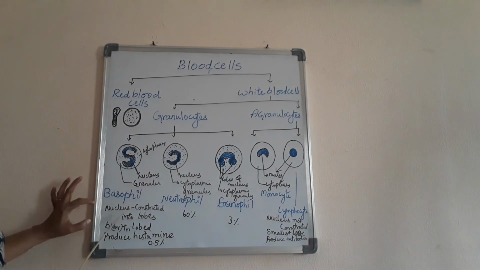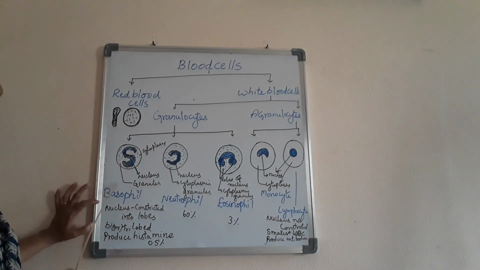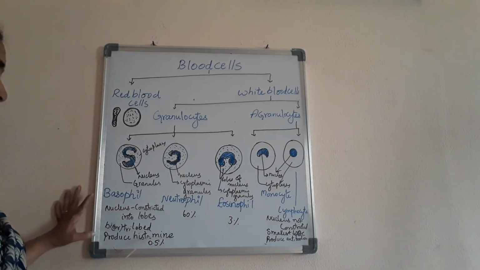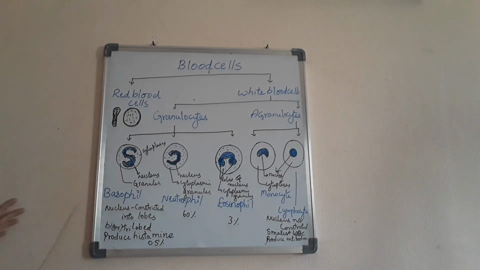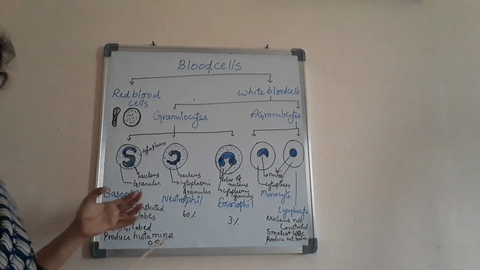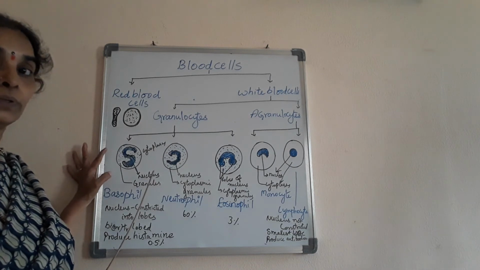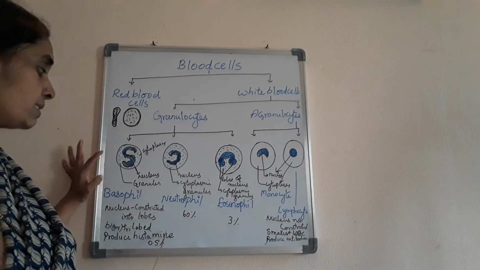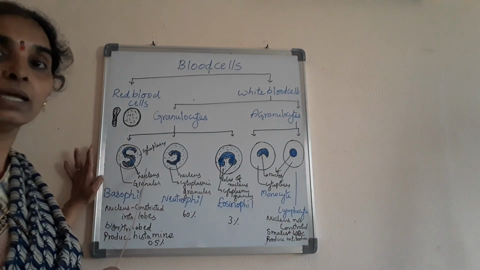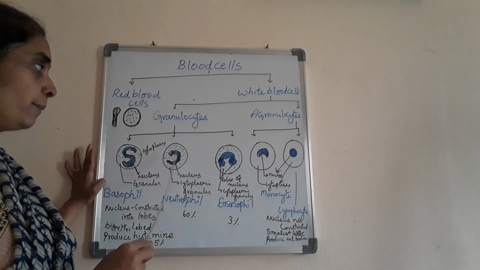Here the basophils are bilobed or trilobed, and they produce histamine, a protein which helps for the coagulation of the blood, so blood clotting. So it's very important. It produces histamine, a protein which regulates the coagulation level of blood.